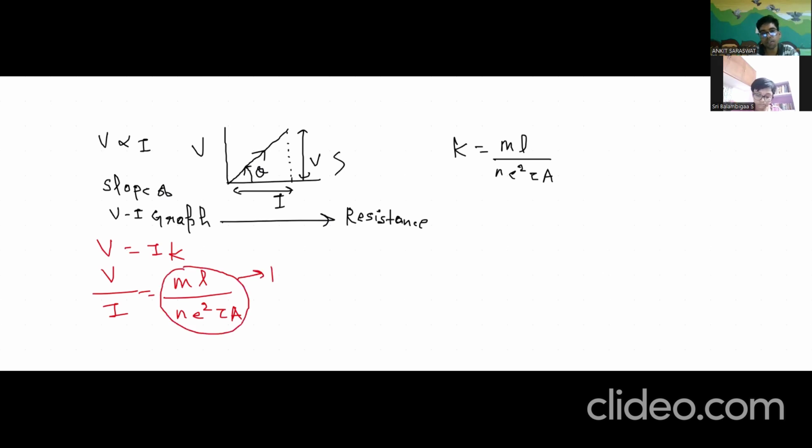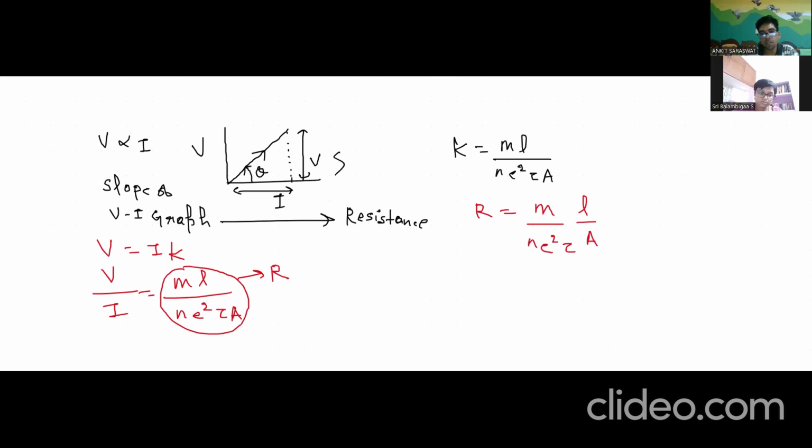So what is resistance? Resistance formula is ML by n square tau, L by A. This is the resistance formula, and you have learned this. Let me clear this.